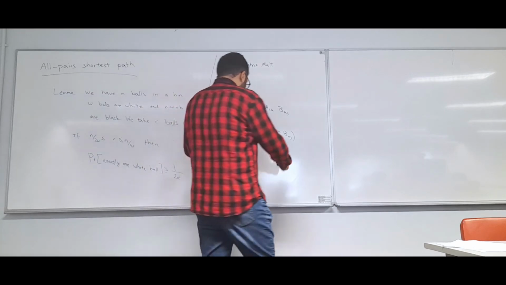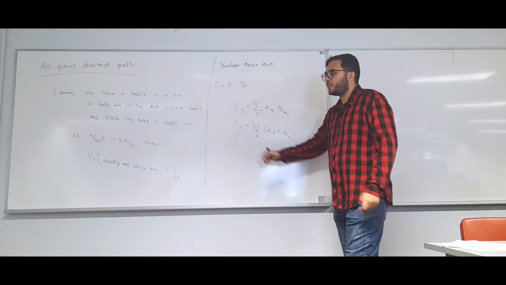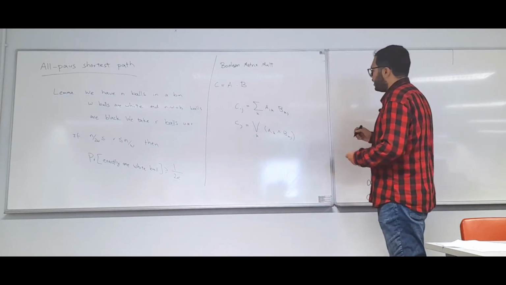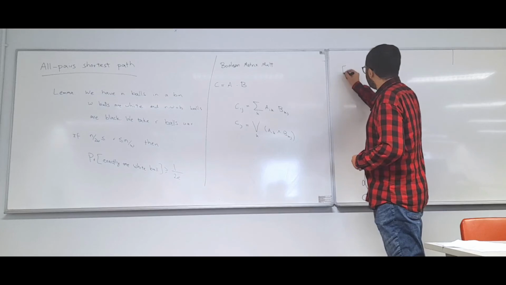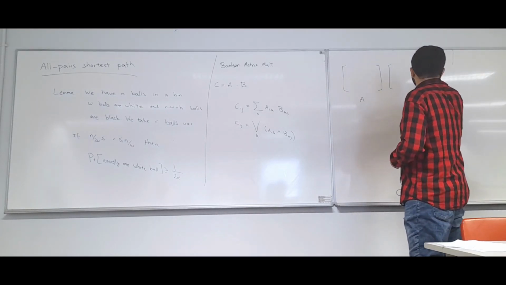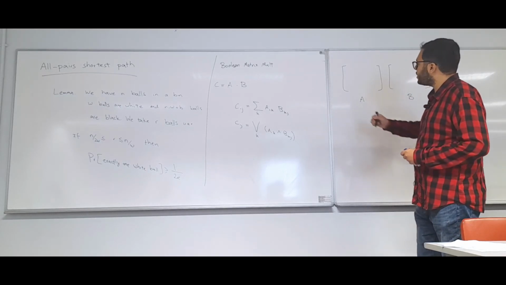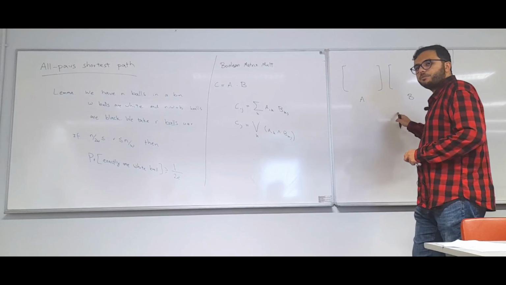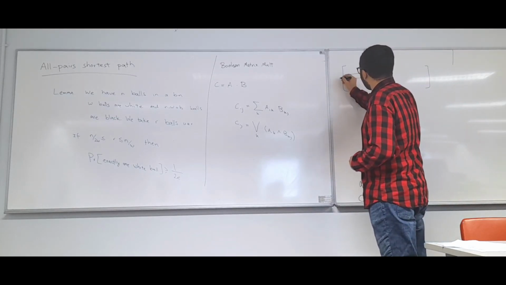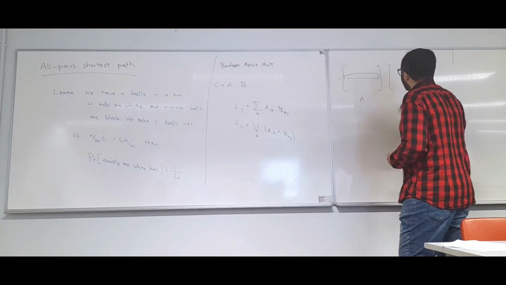But I want you to focus on this one. So when is Cij equal to 1? In order for Cij to be 1, how is Cij obtained? I'm taking my matrix A, and I also have my matrix B, and I'm taking row I of A and column J of B. So let's say I'm taking this row I and this column J. And now what am I doing?